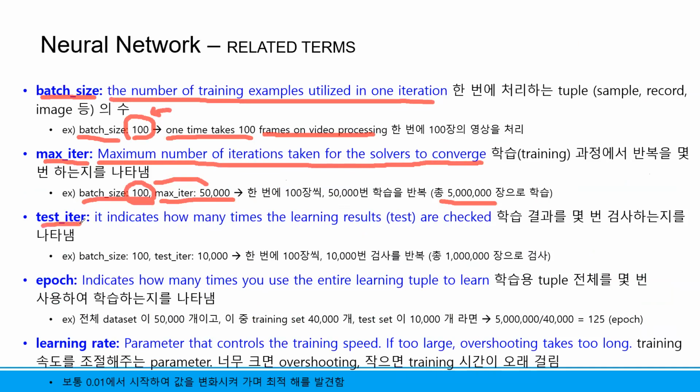Test iter indicates how many times the learning result is checked. So for example, we have the batch size of 100 and the test iter is 10,000. So we want to test for 10,000 iterations for every 100 batch size.